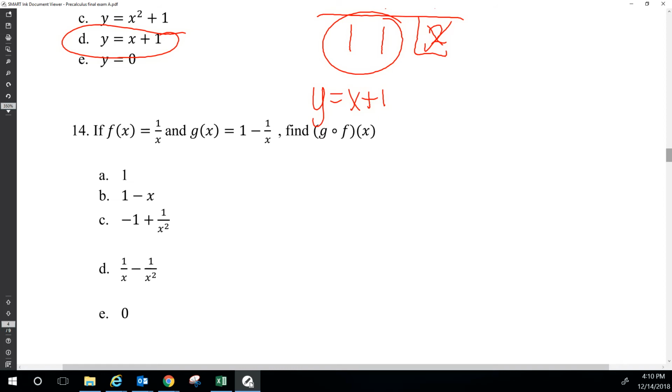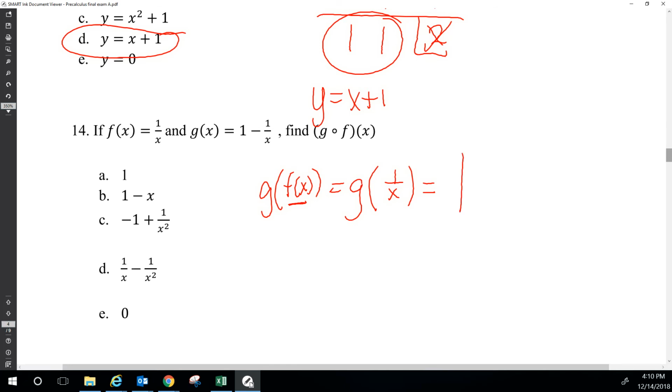Watch some videos again. All right, number 14, we want to find g of f of x. So I'm going to plug the f of x function into my g of x function. So g of f of x is 1 over x, and now I'm plugging 1 over x into this for x.